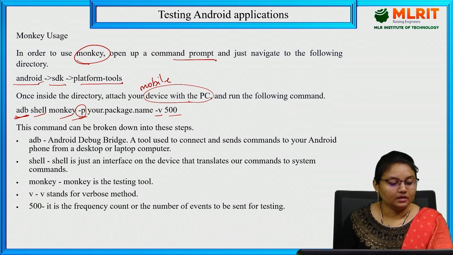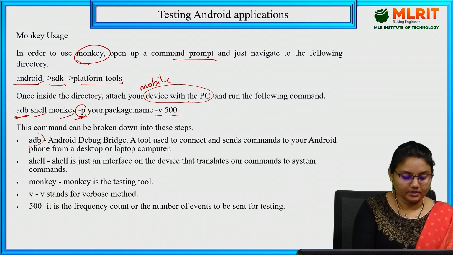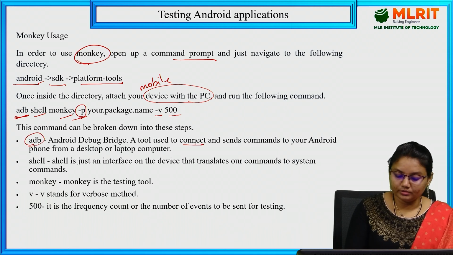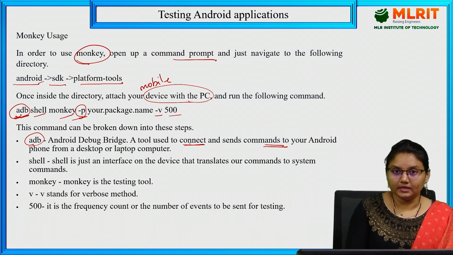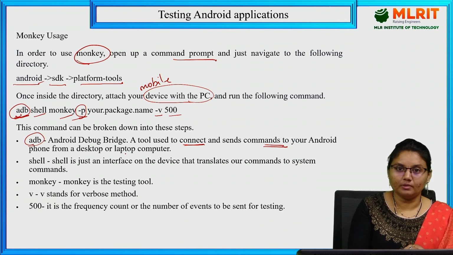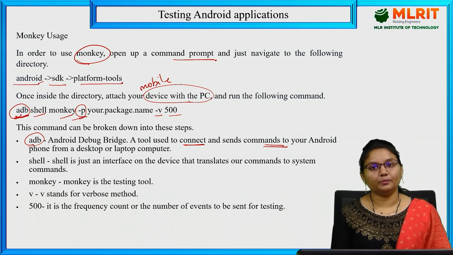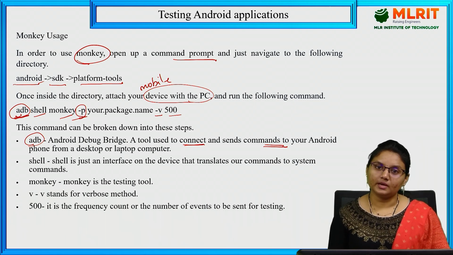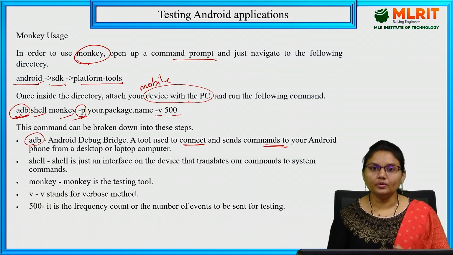This command is broken down into these parts. ADB, Android Debug Bridge, is a tool used to connect and send commands. What will this ADB do? It will connect and send commands to your Android phone from the desktop or laptop. Whenever you deploy your APK file and double click on it, only then your application will run. So how is it happening?